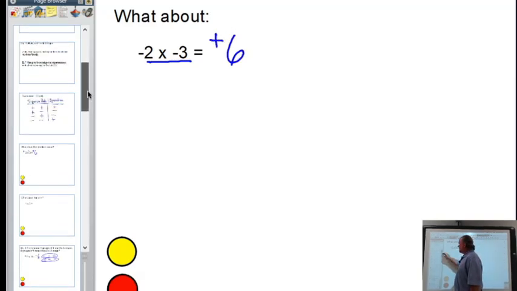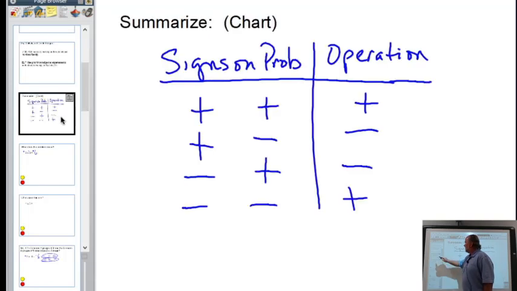Now, if you really pay close attention, what happened was that chart. A positive number times a positive number gave me a positive answer. A positive number times a negative number gave me a negative answer. So in addition, the chart tells us what operation we're going to do with our numbers. But in multiplication, this chart gives us what kind of sign I'm going to have on my answer.